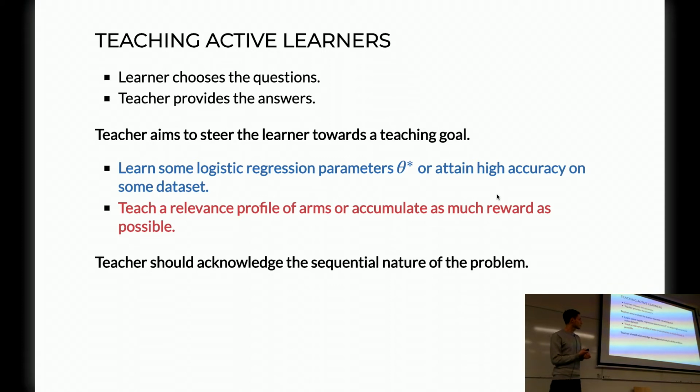Right. And now the important thing in this problem is that the teacher should acknowledge the sequential nature of this problem. So it can only choose the answers. It cannot choose what the learner will ask next, except by choosing the answers in such a way that it can anticipate what the learner will ask next.